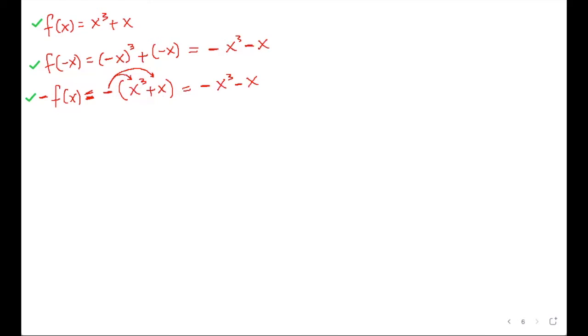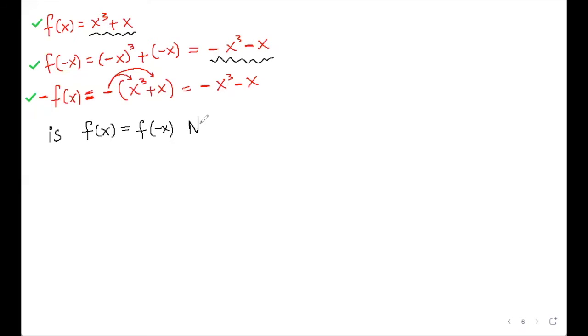Now we have to check. We have to ask ourselves: is f of x equal to f of minus x? Is this expression equal to this one? No. Look, x cubed plus x, and here we have minus x cubed minus x.